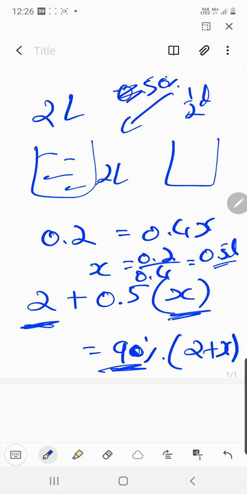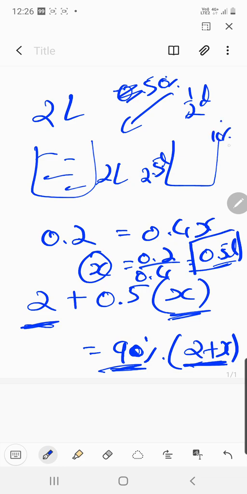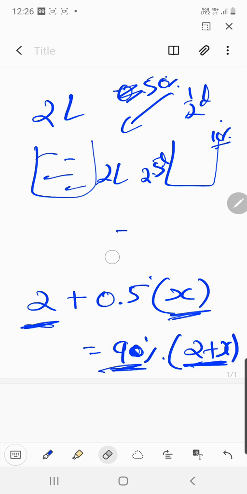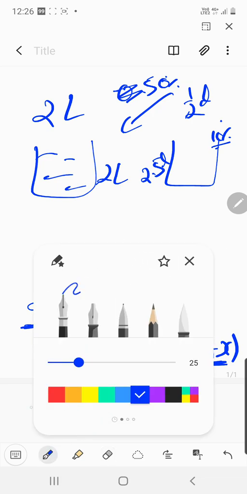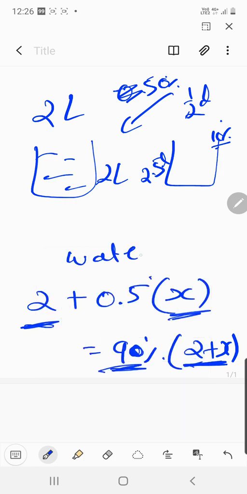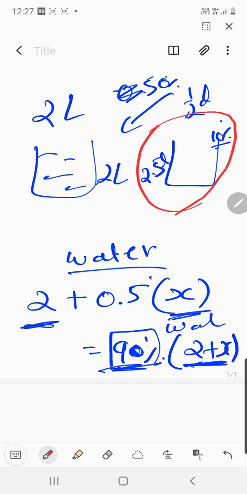And we get a resulting solution that is 2.5 liters of 90% water. That means 10% tea. Keep in mind that we were equating the amount of water on either side. This 90% was the amount of water, so we get 2.5 liters of 10% tea.